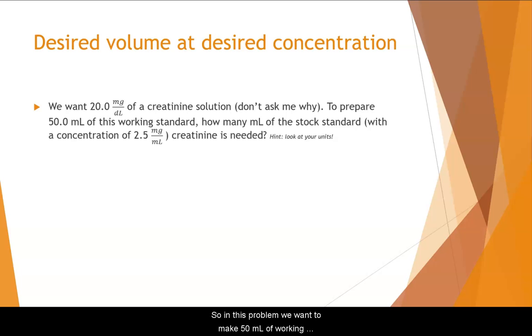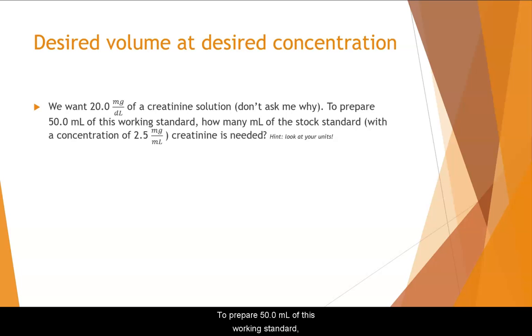So in this problem, we want to make 50 milliliters of a working standard, and we want to have 20.0 milligrams per deciliter as the concentration. So reading this problem, we want 20.0 milligrams per deciliter of a creatinine solution. Don't ask me why.